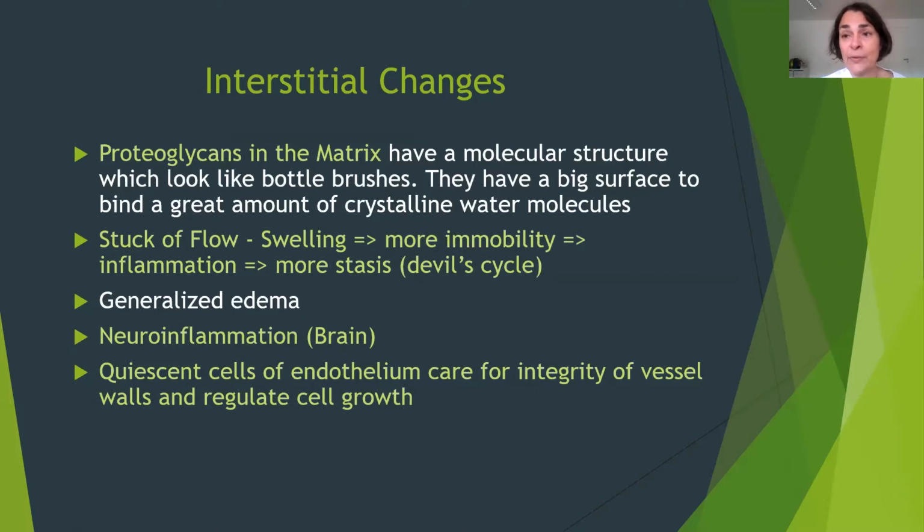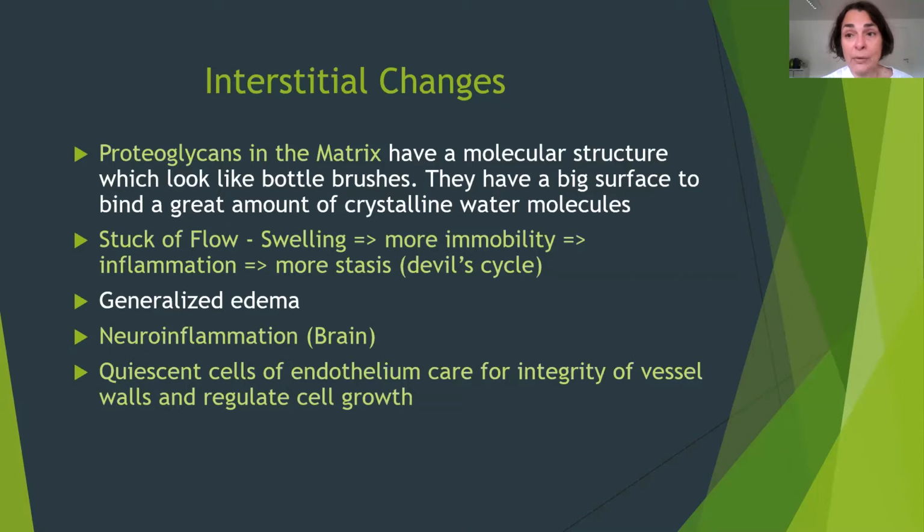And if the amount of proteoglycans increases, there's more water in a crystalline or bound form, and then there's a stuck flow. There's more swelling. It's already a local inflammation. And then there's more stasis, more stop of metabolism, stop of flow, and this is a devil's cycle.